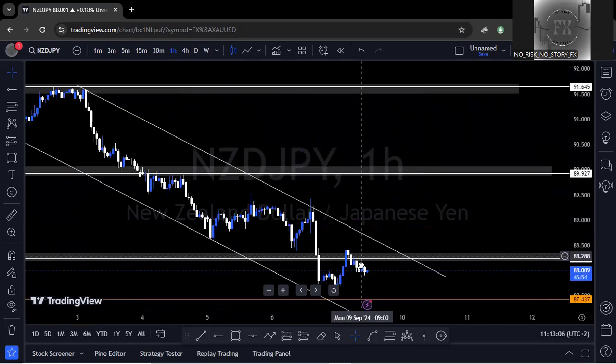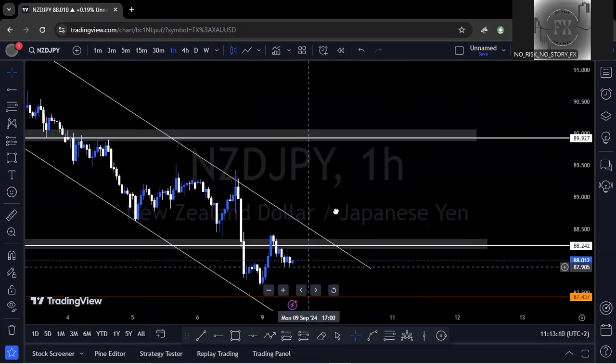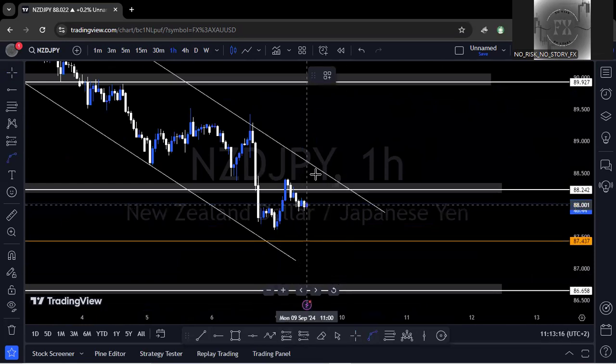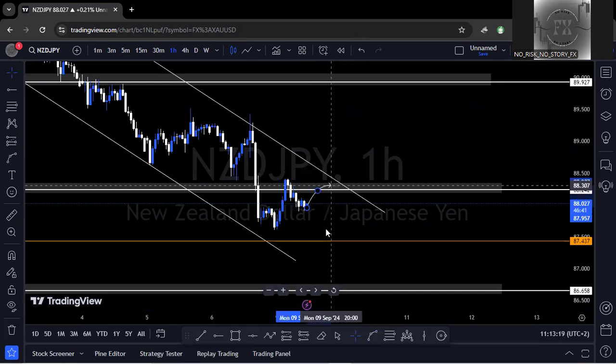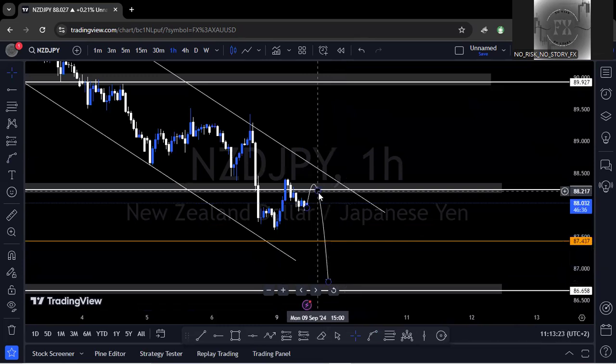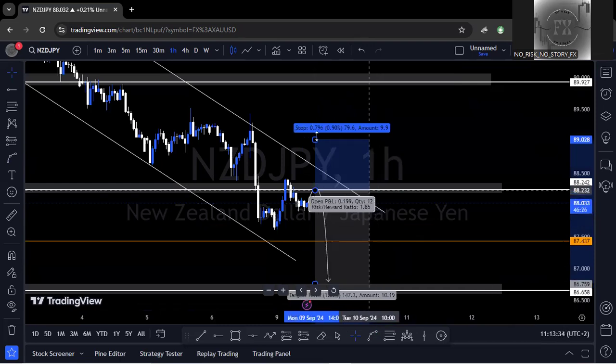So what the market can do now, see, the market can come back maybe just to give us that nice retest once more to then sell the market. Obviously, stop loss above this previous structure point.